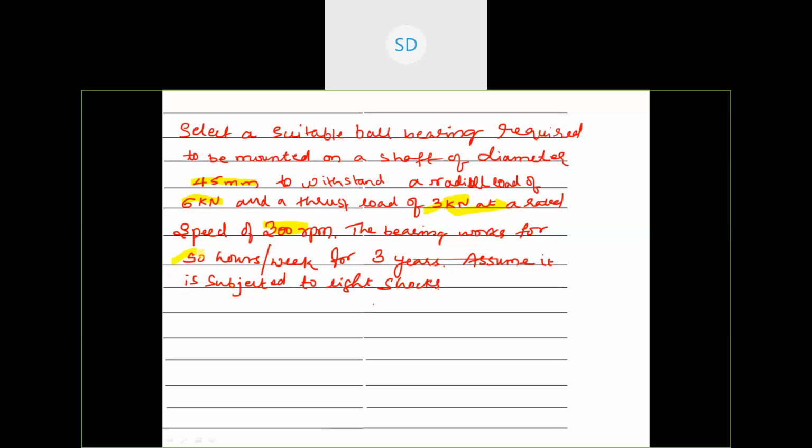How many hours it is going to work is given per week, and the period is 3 years. Now you need to select the bearing based on these loads. So let us note down the given data first.